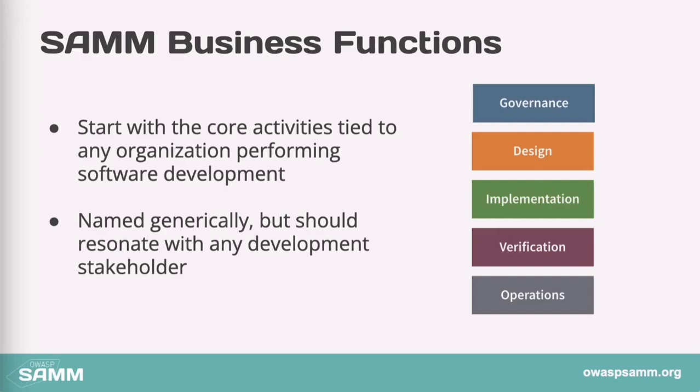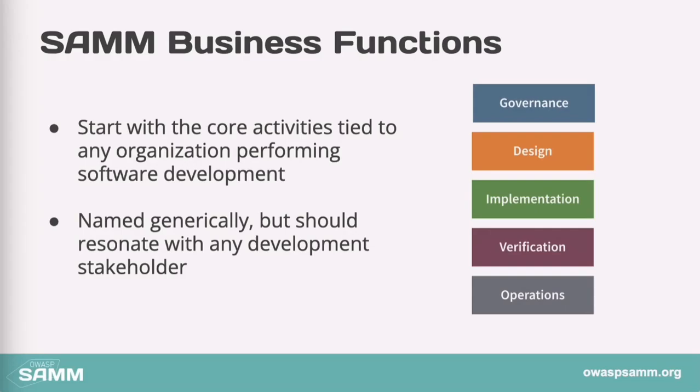Design concerns the processes and activities related to how an organization defines goals and creates software within development projects. In general, design will include requirements gathering, high-level architecture specification, and detailed design. Nothing surprising. Implementation is focused on processes and activities related to how an organization builds and deploys software components.